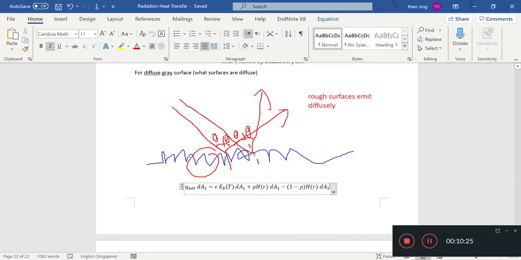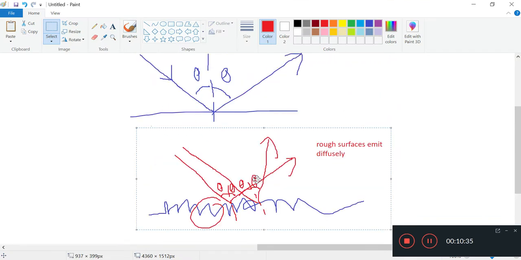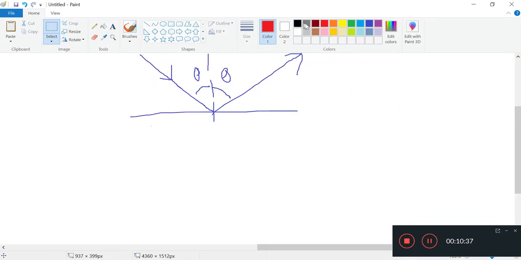And I will also have to account for the fact that there is an amount reflected. So we look at the energy balance across the surface again. The gray surface will emit some amount, and there'll be some reflected amount.